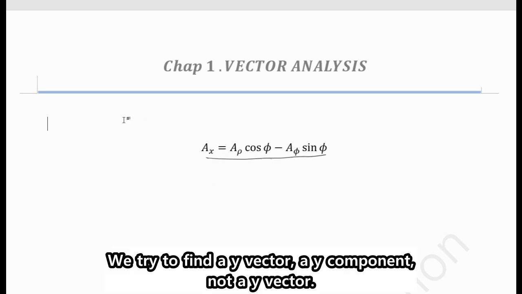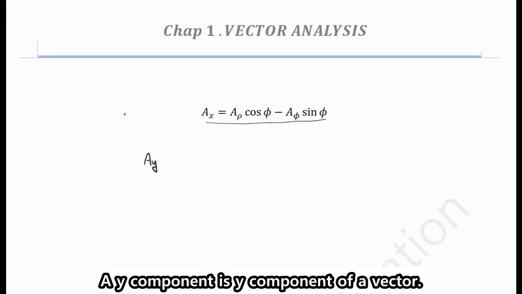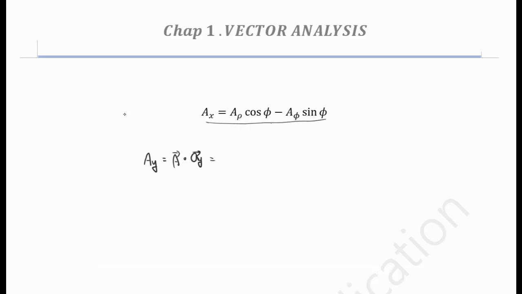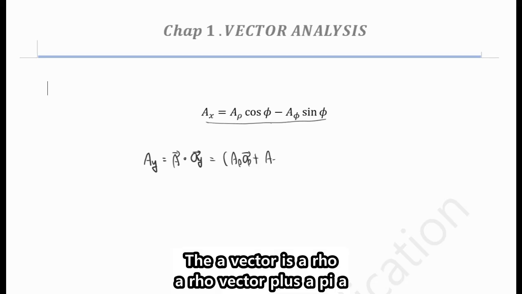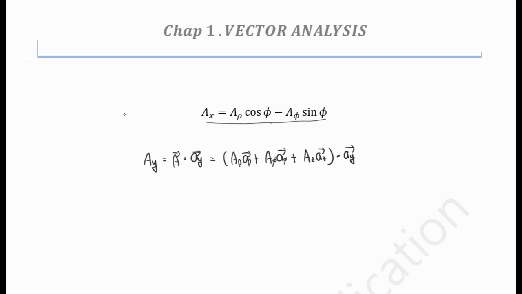We try to find the Ay component, not the ay vector. The Ay component is the y component of the A vector. The A vector is (Aρ vector plus Aφ vector plus Az vector) dot ay vector.